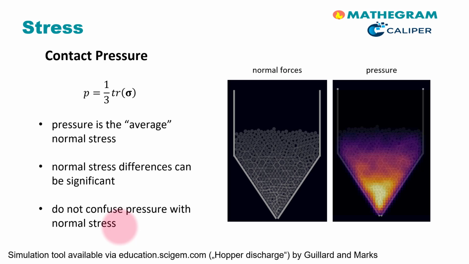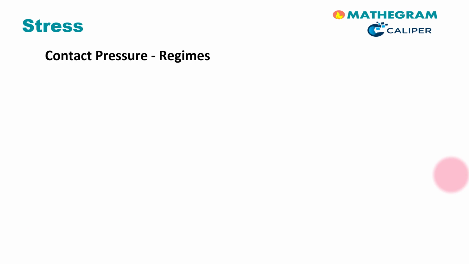But let us now progress to flowing granular materials. To showcase the complex stress response of such a granular material, I would like to introduce the regimes of stresses in granular shear flows on this slide.